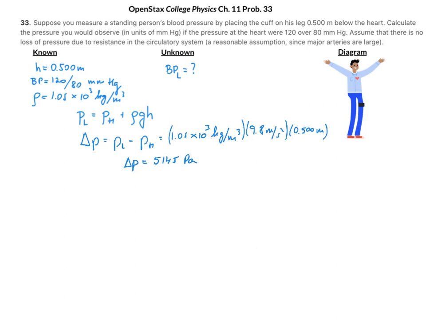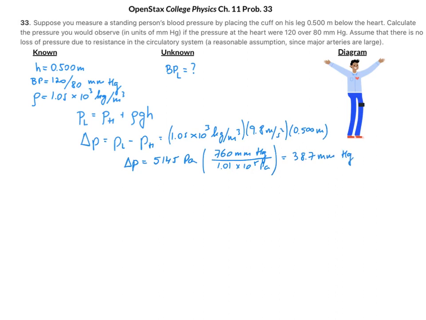Now, I can convert that from pascals into millimeters of mercury. So I know that 1 atmosphere is 760 millimeters of mercury, and 1 atmosphere is also 1.01 times 10 to the fifth pascals. So when I multiply these through, I get 38.7 millimeters of mercury.